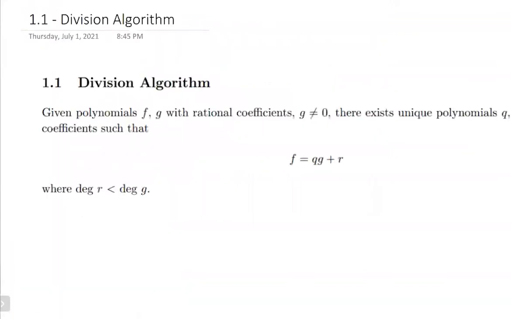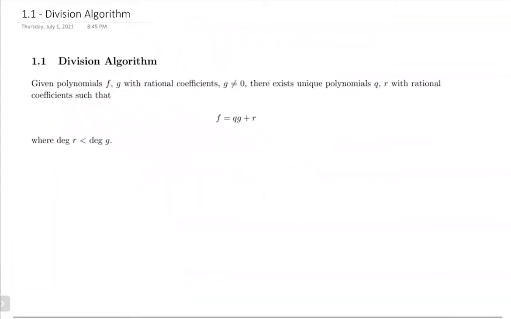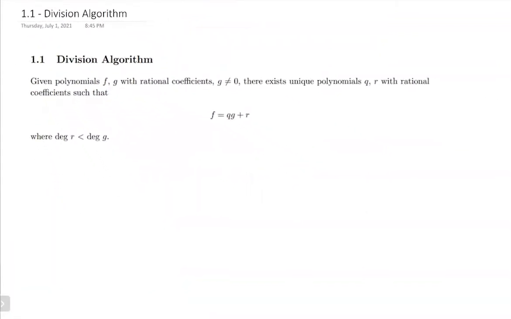So 1.1 is called the division algorithm. Given polynomials f and g with rational coefficients, and g is not equal to 0, which means the function g of x is not equal to 0, there exist unique polynomials q and r with rational coefficients such that f equals qg plus r, where the degree of r is less than the degree of g.